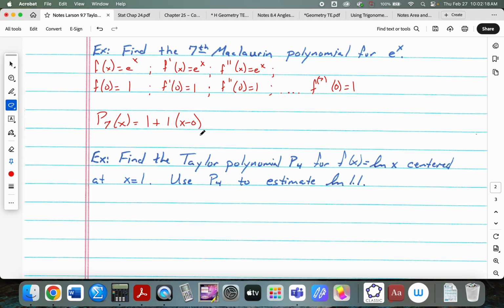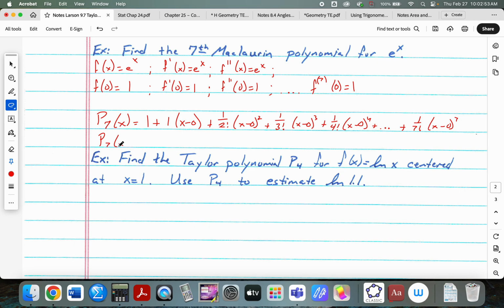I mean, these start with the tangent line approximation, but then they go on. So this will be 1 over 2 factorial times x minus 0 quantity squared, plus 1 over 3 factorial times x minus 0 quantity cubed, etc., through 1 over 7 factorial times x minus 0 to the 7th.